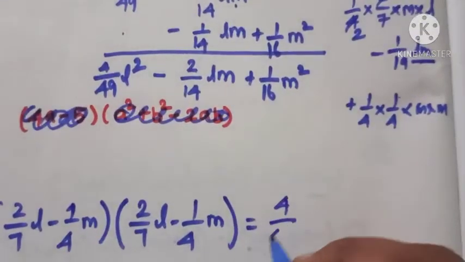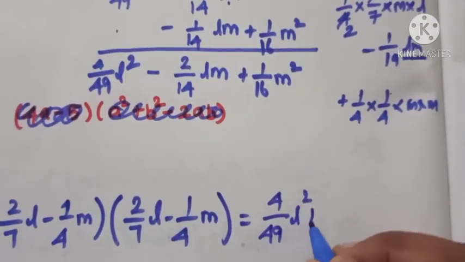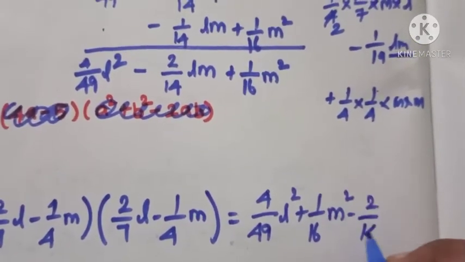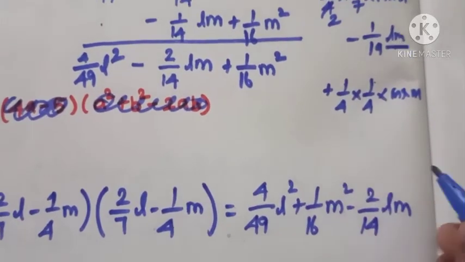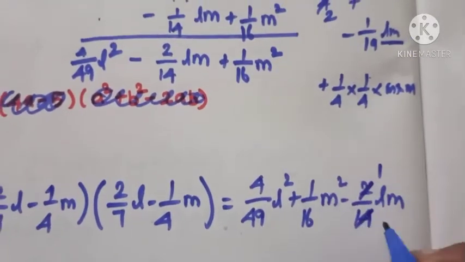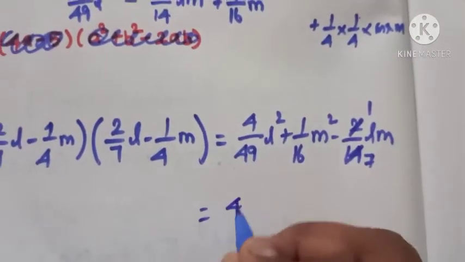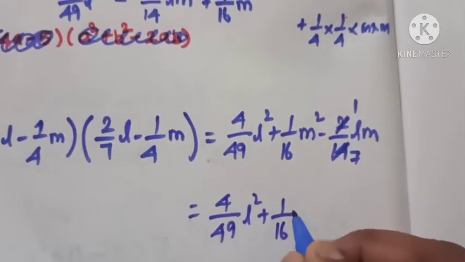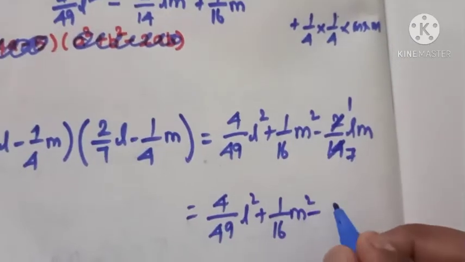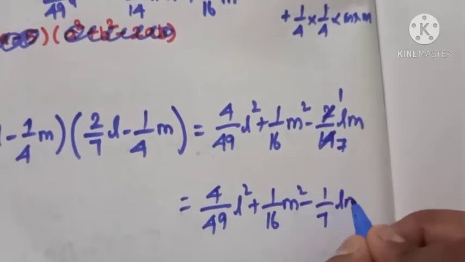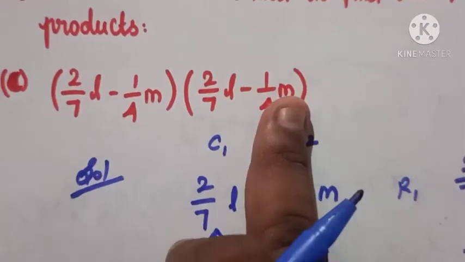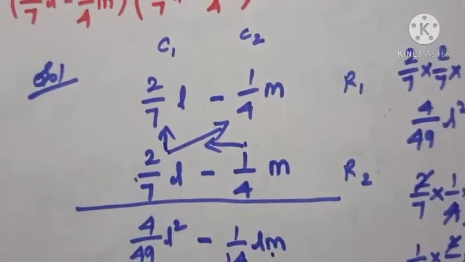So 4 by 49 L square plus 1 by 16 M square minus 2 by 14 LM. If you cancel you get 1 by 7. Finally we get 4 by 49 L square plus 1 by 16 M square minus 1 by 7 LM. This is the result we get. We multiplied these 2 binomials in the column method.